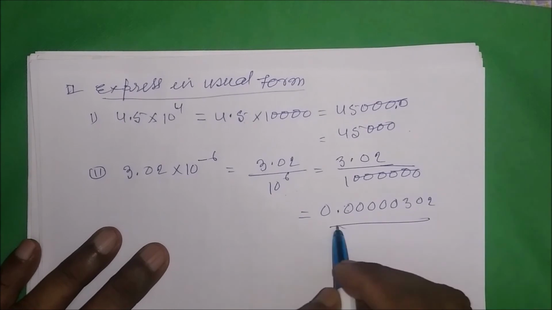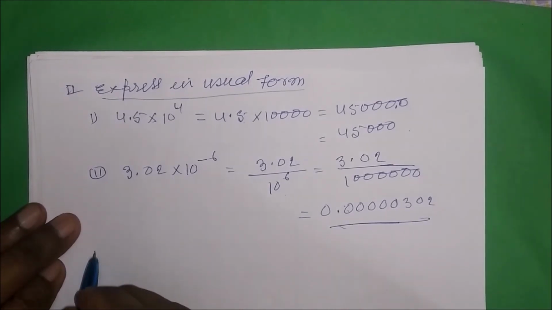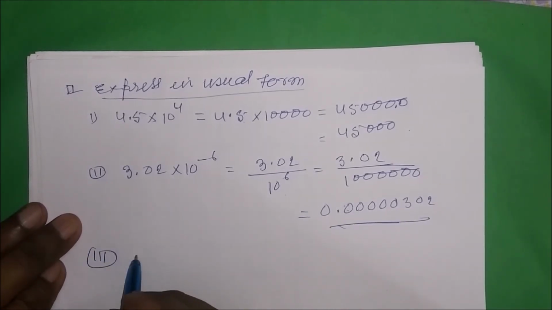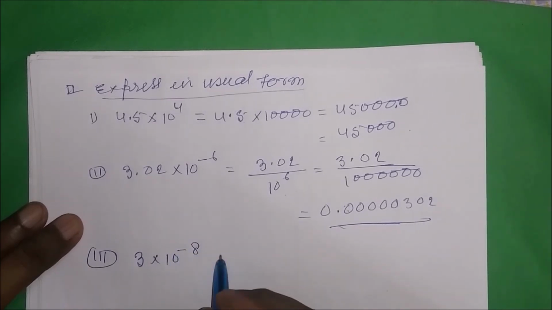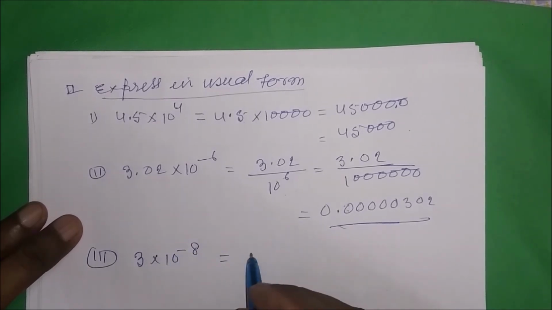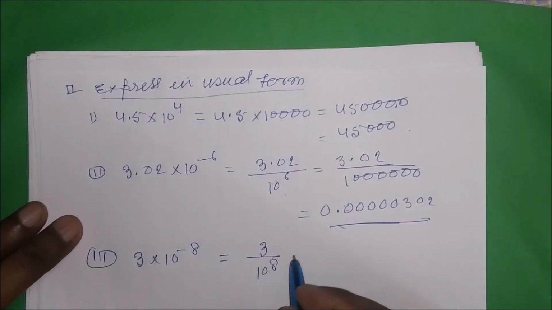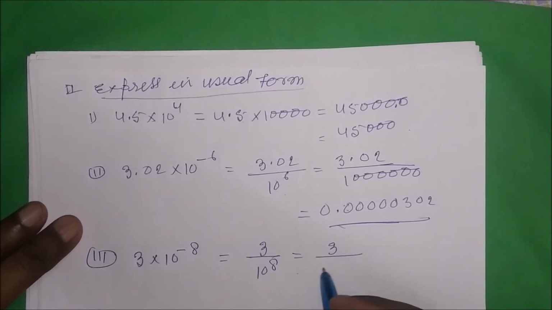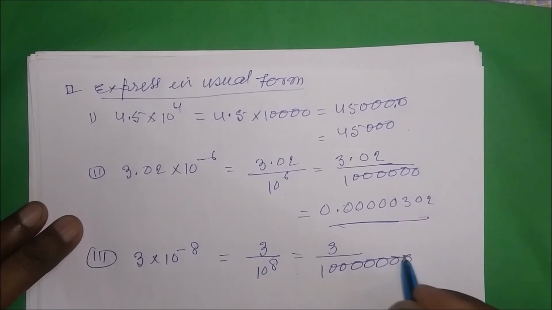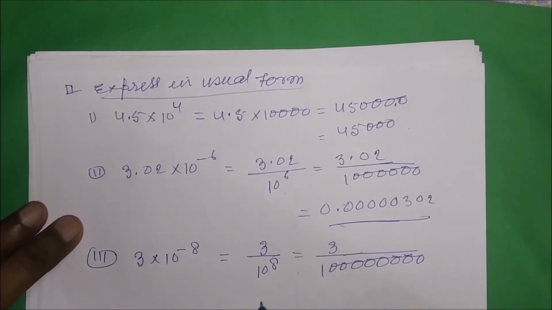Is it very clear? Now third example also you see. It is suppose 3 into 10 to the power minus 8. Similar way you please try. It is what? 3 upon 10 to the power 8. Very simple this one. This is again 3 upon, and here 8 zeros. 2, 4, 6, 8. Now what will be?